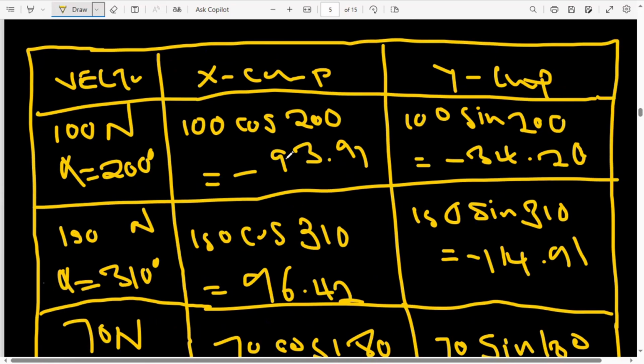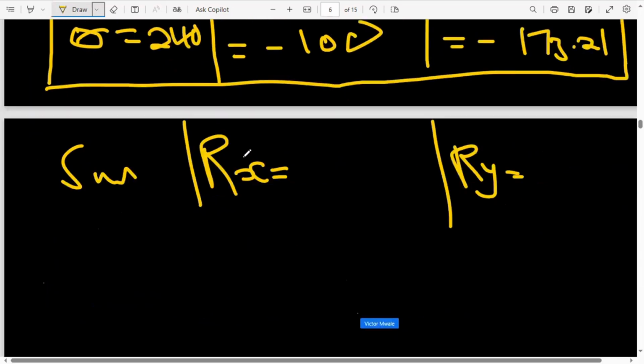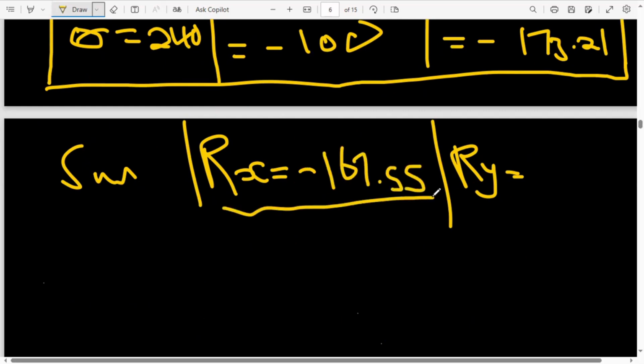So what do I get there? According to my calculator, I'm getting minus 167.55. So this is my resultant of X.